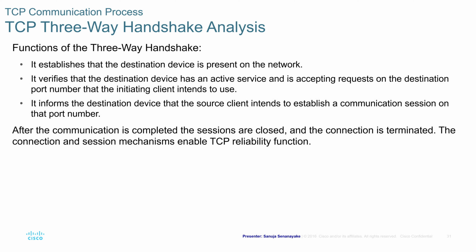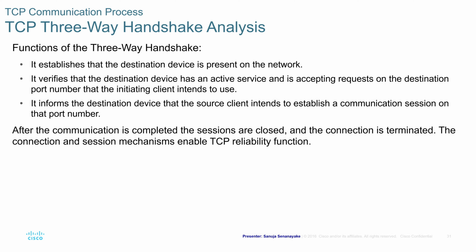It verifies that the destination device has an active service and is accepting requests on the destination port number that the initiating client intends to use. It informs the destination device that the source client intends to establish a communication session on that port number.